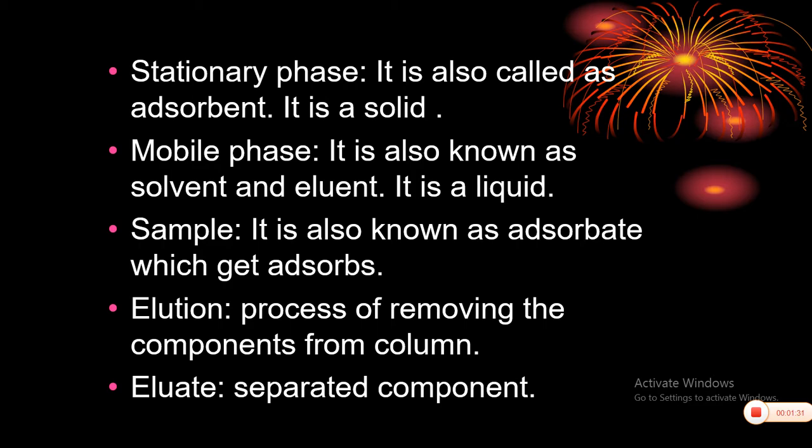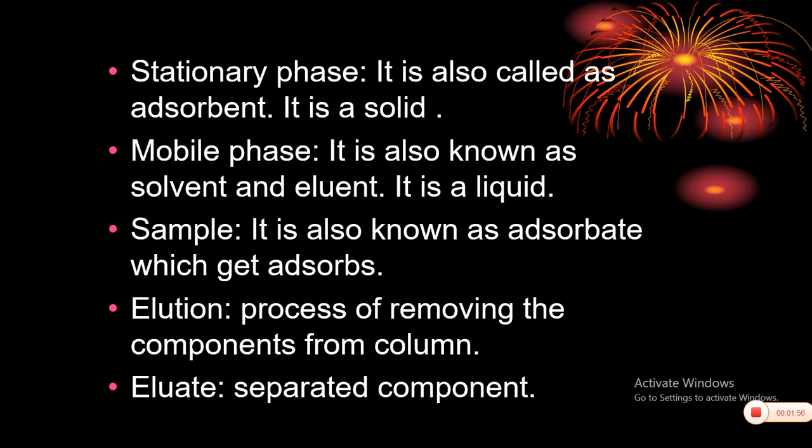There is one mobile phase. In adsorption column chromatography, the mobile phase is a solvent, an eluent, liquid in state. The sample, also known as adsorbate, is to be analyzed. It gets adsorbed during the process.